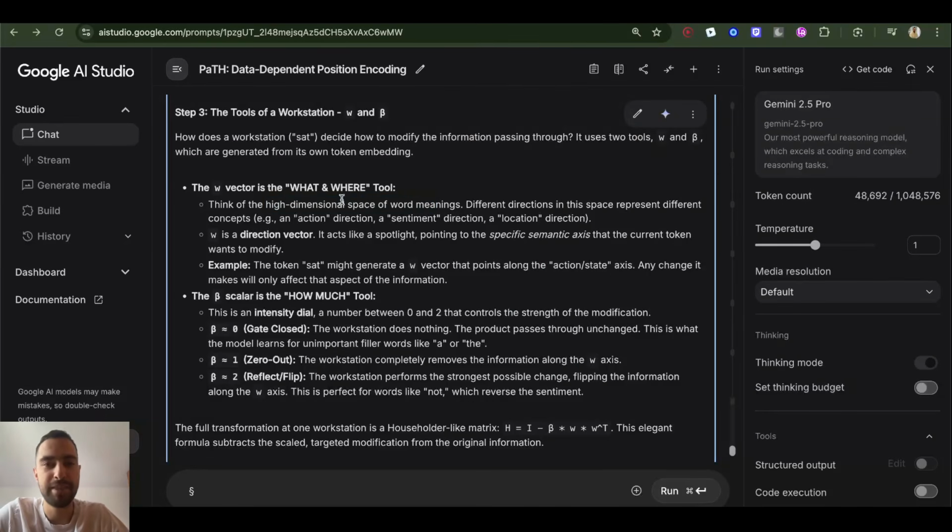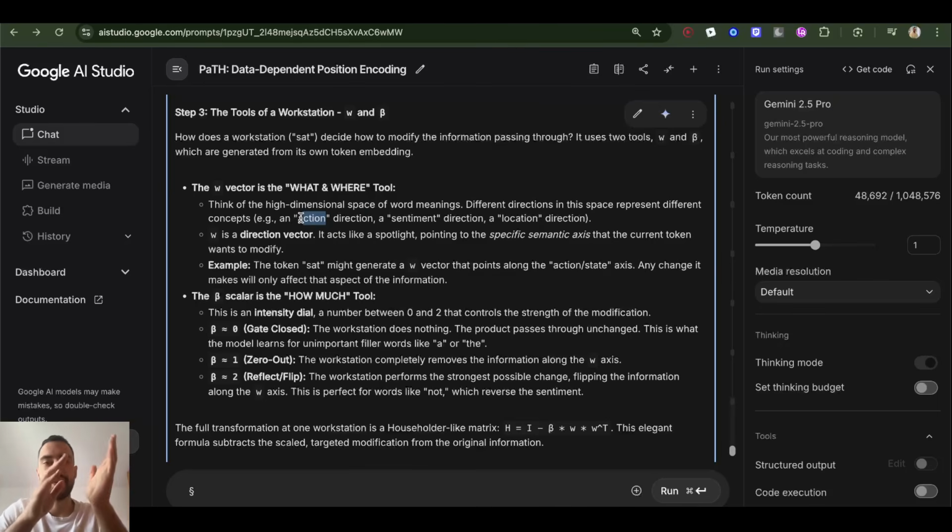Now let's see how Gemini explains it, maybe even better than me. The W vector is a what-and-where tool. Think of the high-dimensional space of word meanings. Different directions in this space represent different concepts, for example, action direction, sentiment direction, location direction. So W is a direction vector that points in the direction of a specific semantic axis. One axis can be just the action axis.